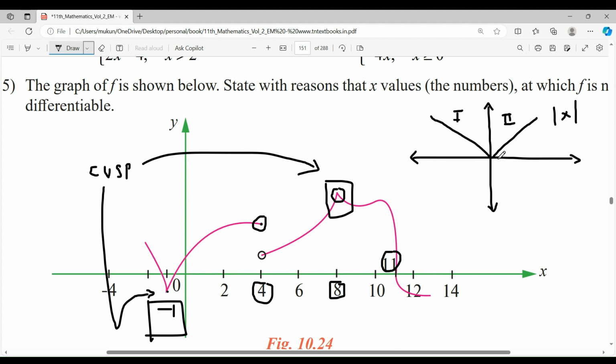point x equals 0, and we generally use the term corner for these functions because in these cases your left hand and right hand derivatives will definitely change direction and the function is not differentiable. But when you actually work out f dash of x naught plus and f dash of x naught minus, you will see that they are finite numbers, right? They will not be infinite, right?